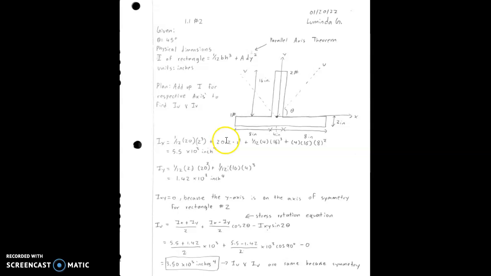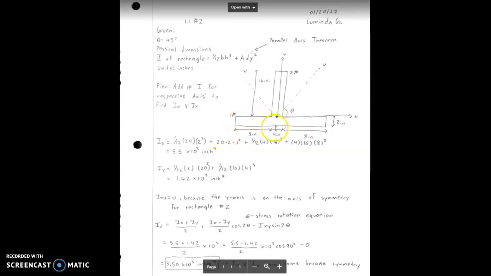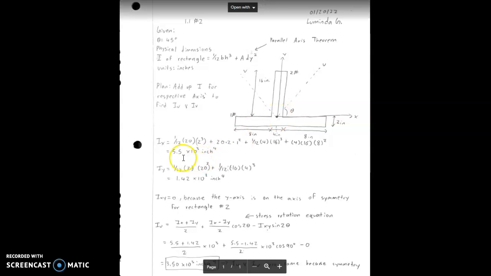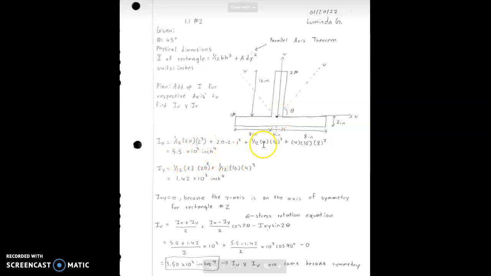Same for here, 20 times 2. And then we do 8 squared because the center of this rectangle is here, and this total length is 16. So 16 divided by 2 is 8, and the center of this rectangle is 8 inches away from the x-axis. So that's for the moment of inertia along the x.